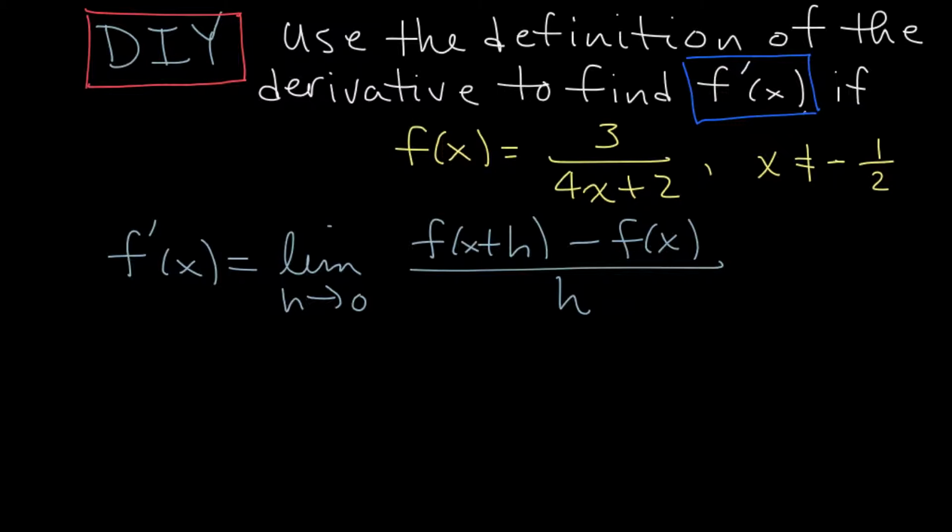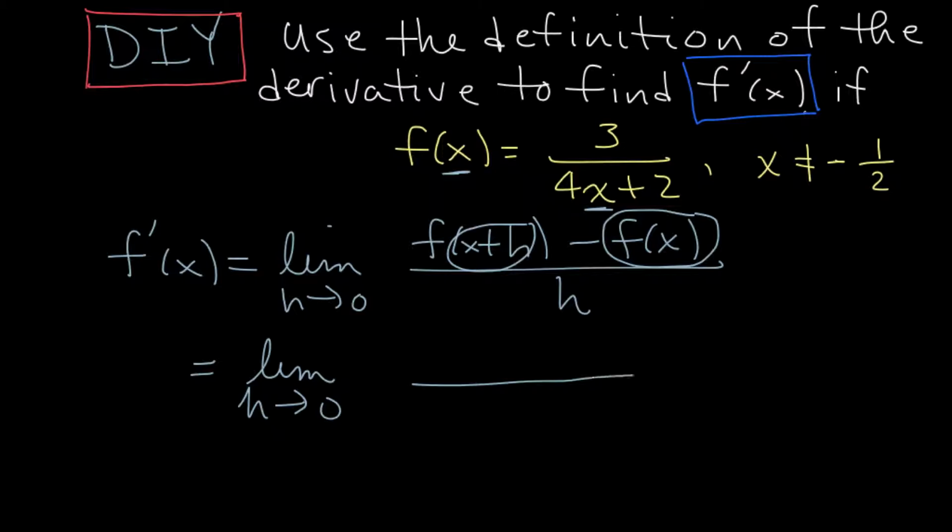Continuing, we're going to plug in x plus h for x in the function, and here we just have the given function f of x. Let's see what that looks like. So we have the limit as h goes to 0. Now f of x plus h, whenever we have a function, the x is a placeholder, and we drop into that placeholder whatever appears in the parentheses.